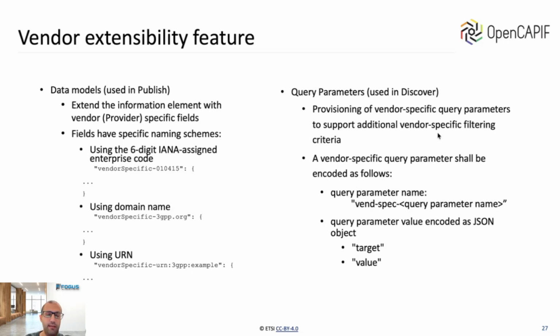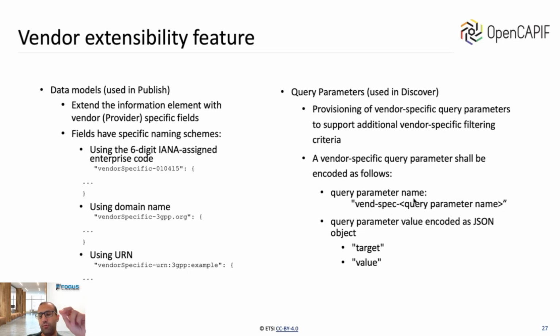You can see on the left-hand side that the field has a specific naming scheme, which includes the vendor-specific keyword and a description of the vendor, either with the IANA assigned code, or with the domain name, or with the URN description for the published API. And also this feature can be enabled on the Discover API. How? By a specific naming scheme.